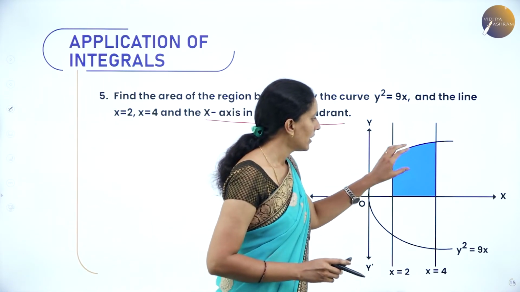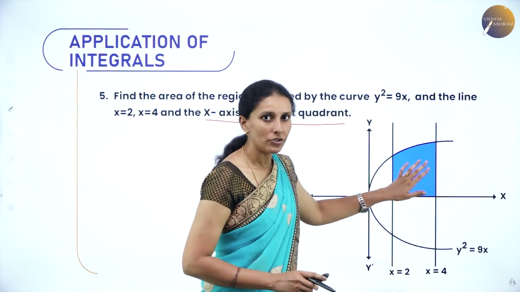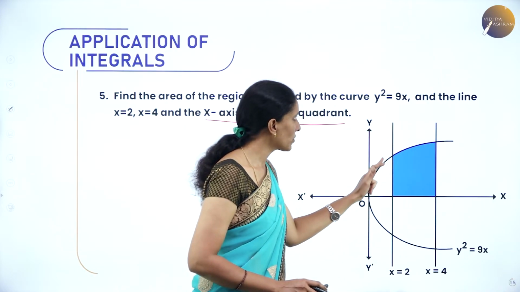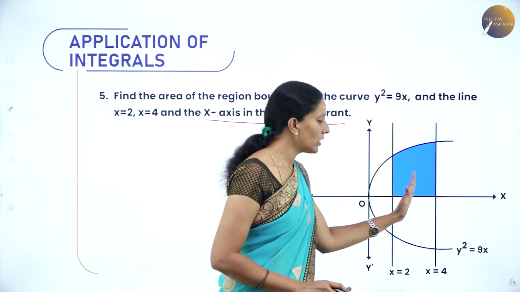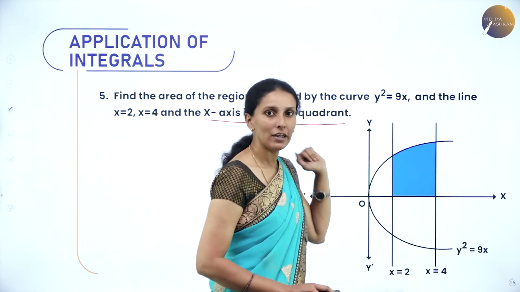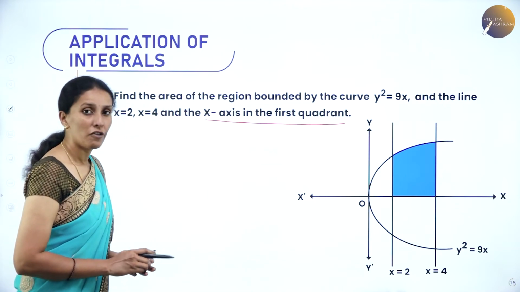So this shaded region is the required area, that is between the curve y square is equal to 9x and between the lines x is equal to 2, x is equal to 4 and in the first quadrant. So therefore, here we have the limits for x.